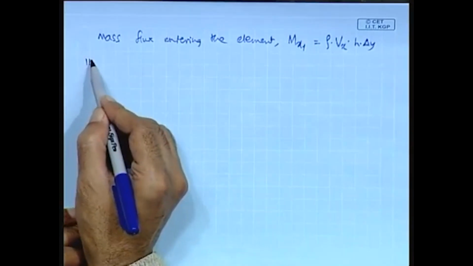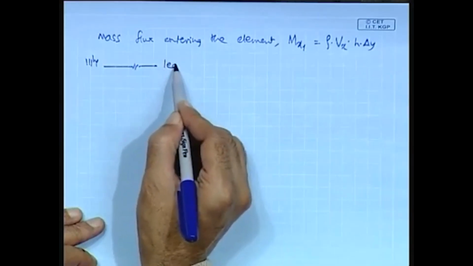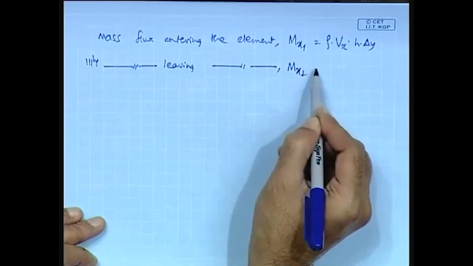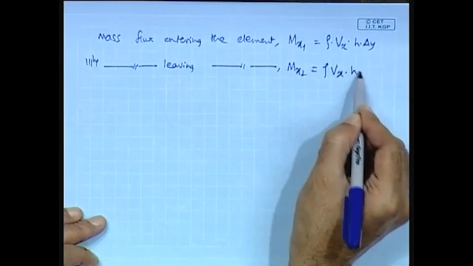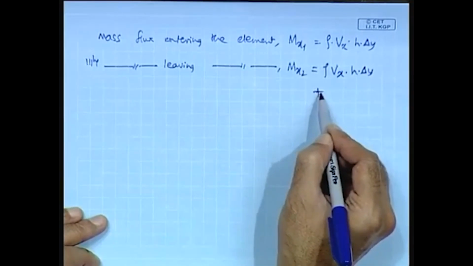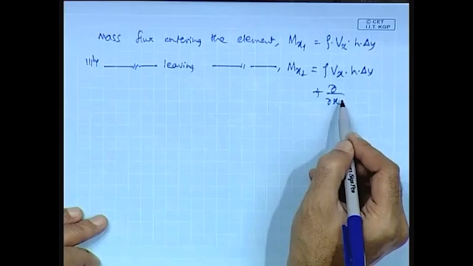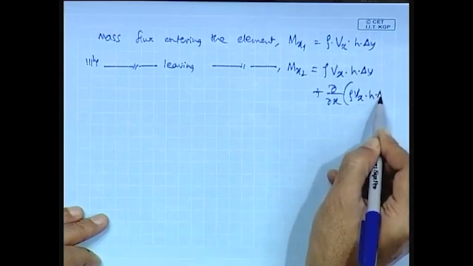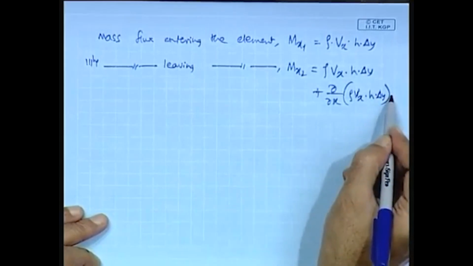Similarly, mass flux leaving the element. So, this is mx2. So, this is given by rho Vx h delta y plus let us add the mass rate of change term in the x direction, that is d by dx of rho Vx h delta y into delta x.